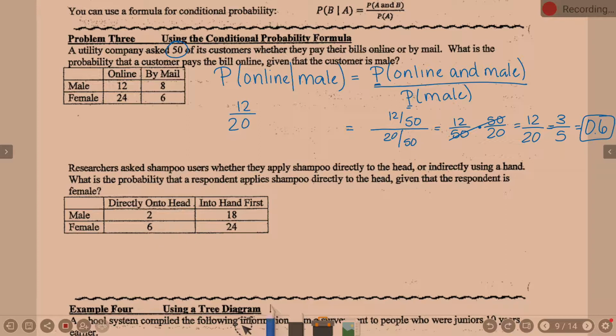Yes. So that's what I'm trying to show, the connection here. They say you can use this formula using the probabilities, and so the point is, yes, we're basically dividing probabilities. However, do you have to think this way? No. You could go back to what we were doing on the front side. Probability the person pays online given they are male. So that's the same idea: on top it has to be online males divided by all males. So it's the same idea and it works out the same.